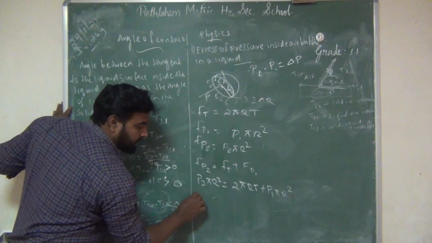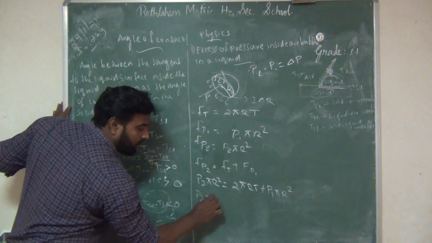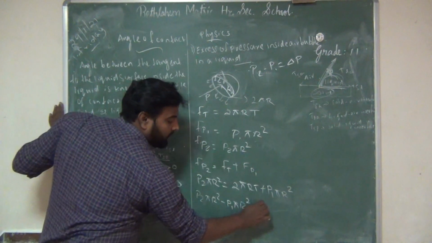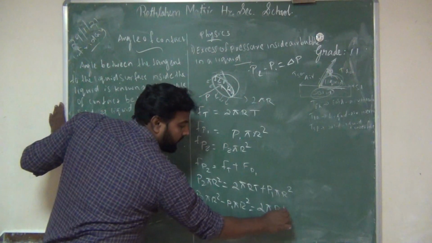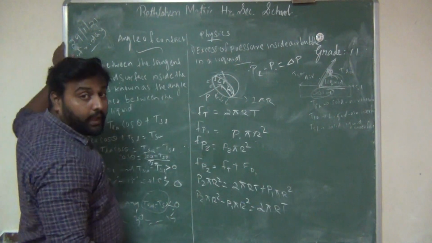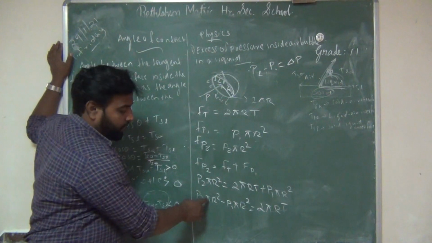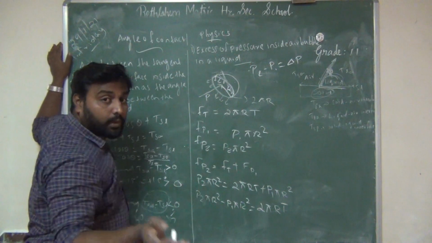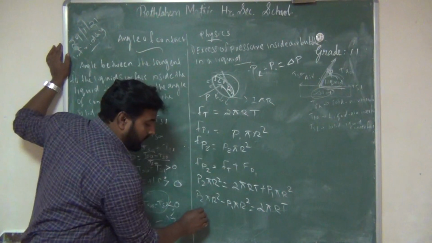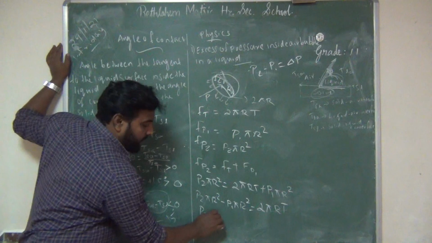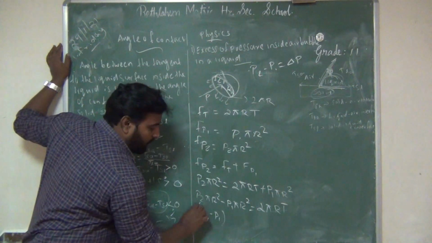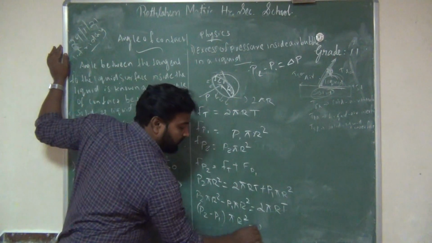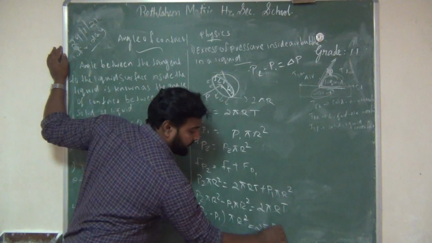So P2 pi r square minus P1 pi r square is equal to 2 pi r T. Pi r square is common, so take it outside. So P2 minus P1 into pi r square equal to 2 pi r T.